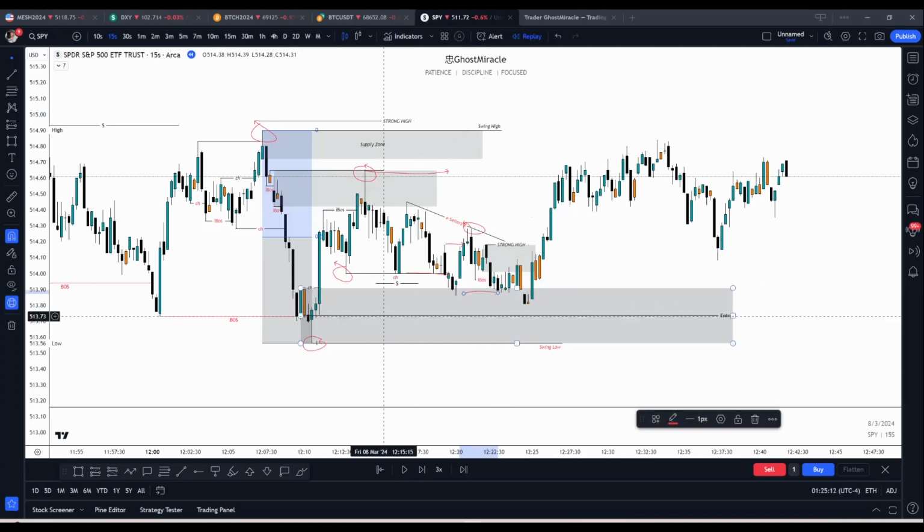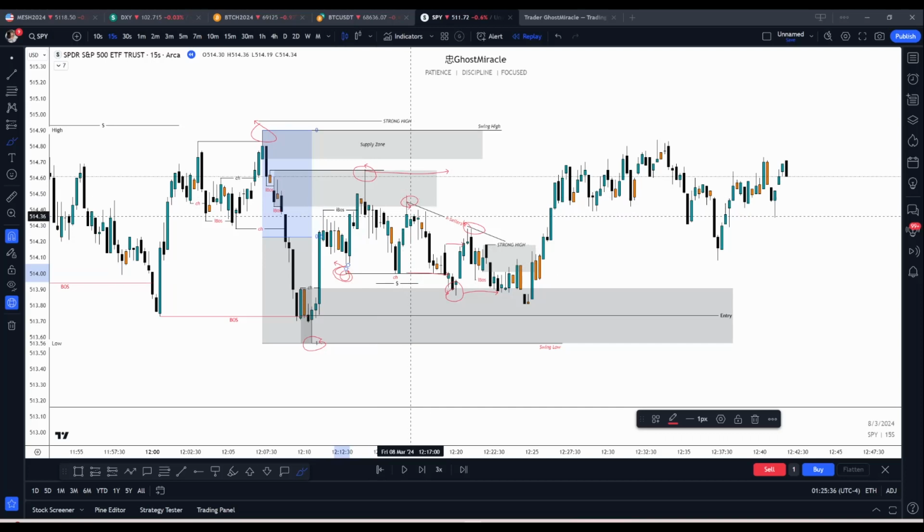and then overall broke this low that was weak because it failed to break this high here. Because this low failed to break this high, it is weak. So weak low, strong high.